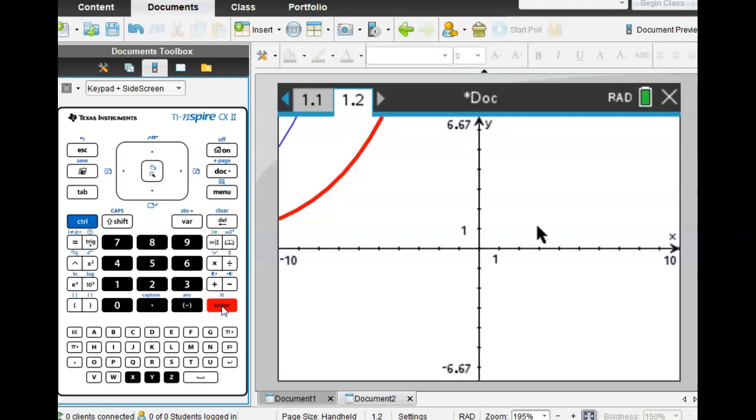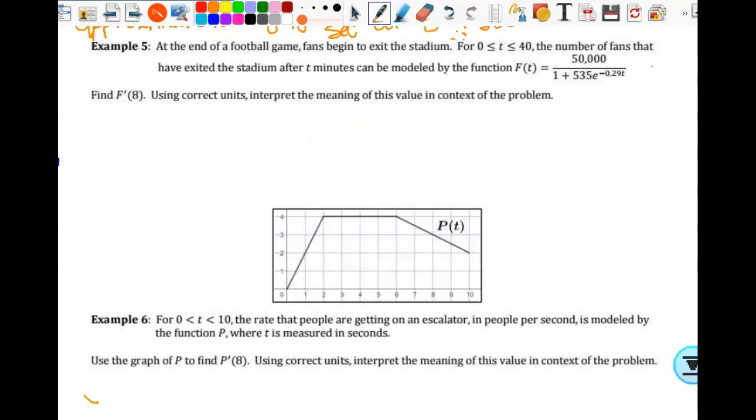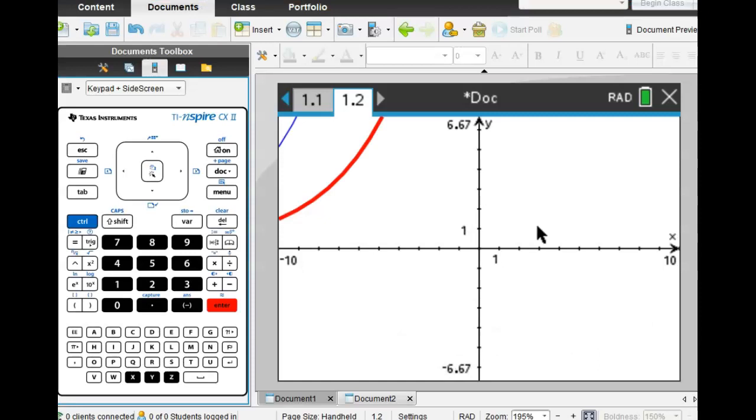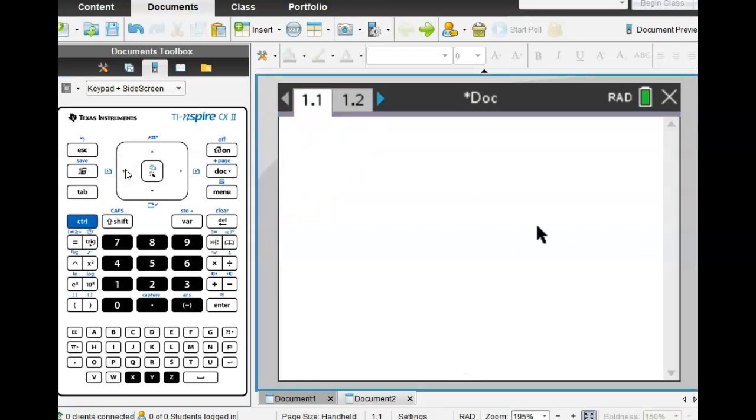Okay. So now what I want, what am I looking for? I'm looking for f prime of 8, right? So the calculator can just do that for me now that I've typed all that stuff in. But I need to go to my calculator part. So how do I get back to the other page? Control left, right? And then I just want, where's f prime?